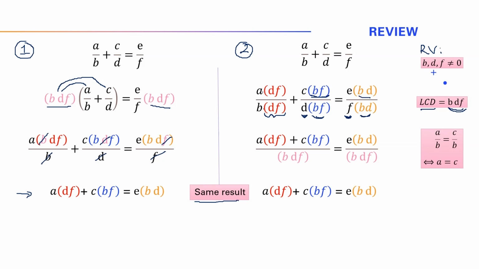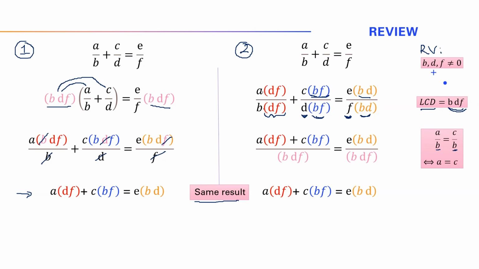So using the fact that we have A over B equals C over B, the denominator is the same. If we have 2 denominators that are the same, it means their numerators have to be equal. Based on that, on the right hand side we have E BD over BDF.